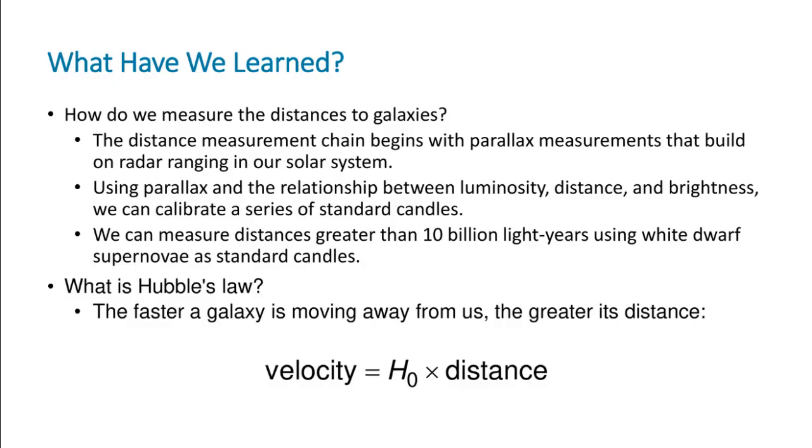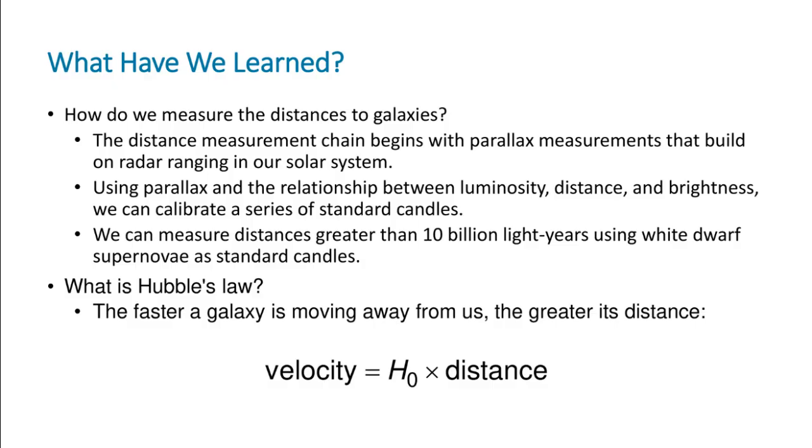So, to summarize some of what we've talked about, we can use different techniques like parallax, standard candles, and the Hubble Law to measure distances to galaxies. And the Hubble Law is this velocity equals the Hubble constant times the distance.